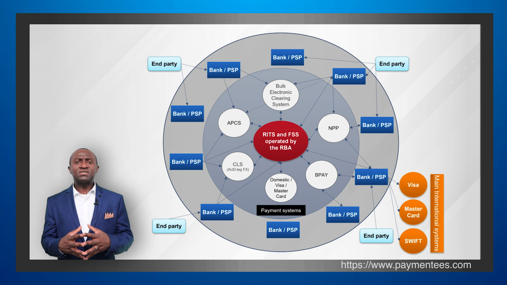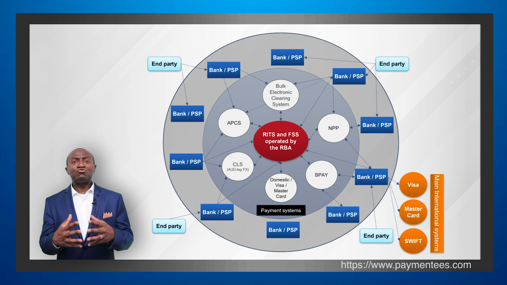BPay is a bill payment system used in Australia. It enables payments to be made through a financial institution's online, mobile, or telephone banking facility to organizations which are registered BPay billers. It is Australia's most widely used bill payment service, which enables bill payers to transfer funds electronically from their bank accounts to billers.